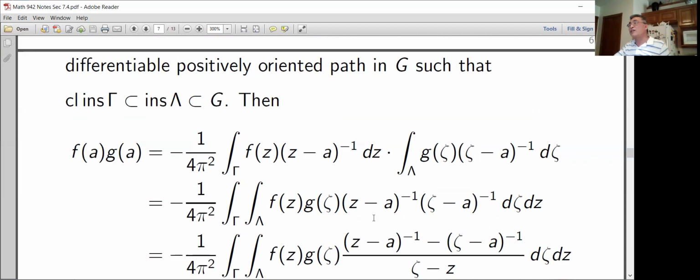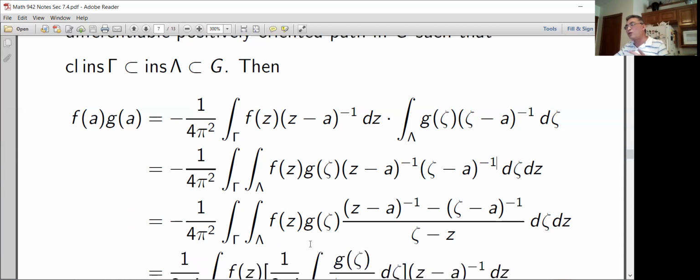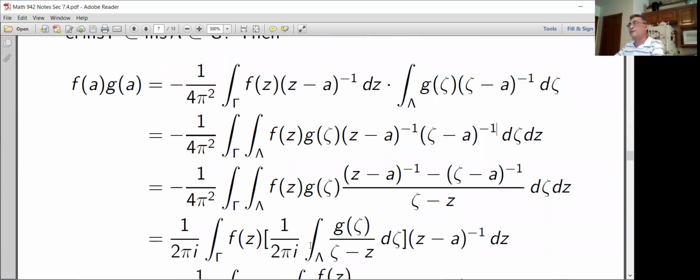So now we have this iterated integral, double integral. Now we are going to write this as an iterated integral in two different orders. We have two terms, and these other things are common factors. One term is z minus a, the other is zeta minus a.